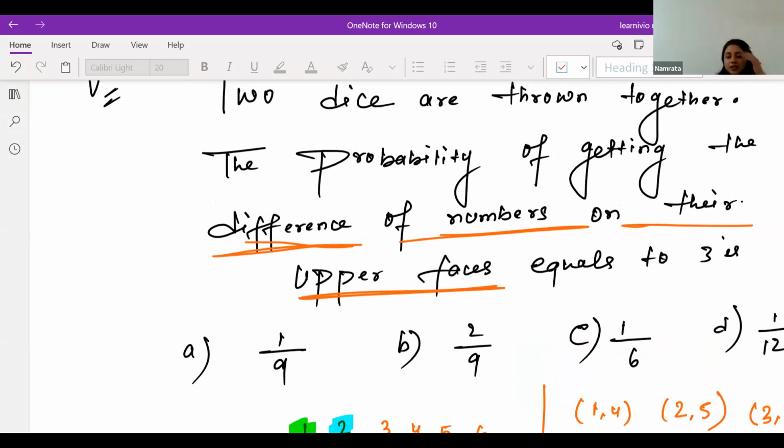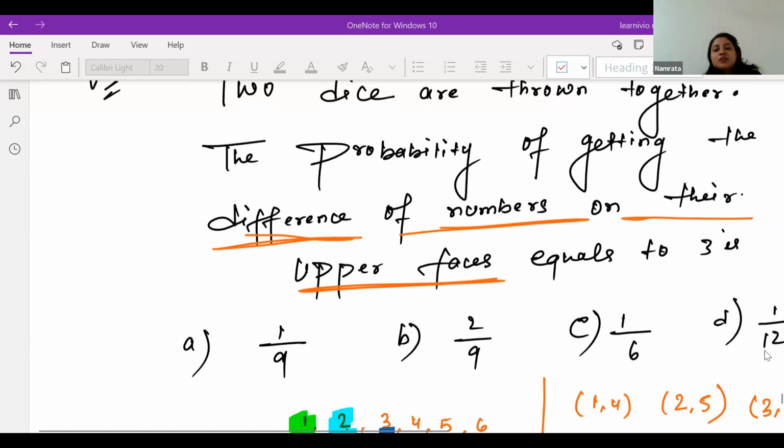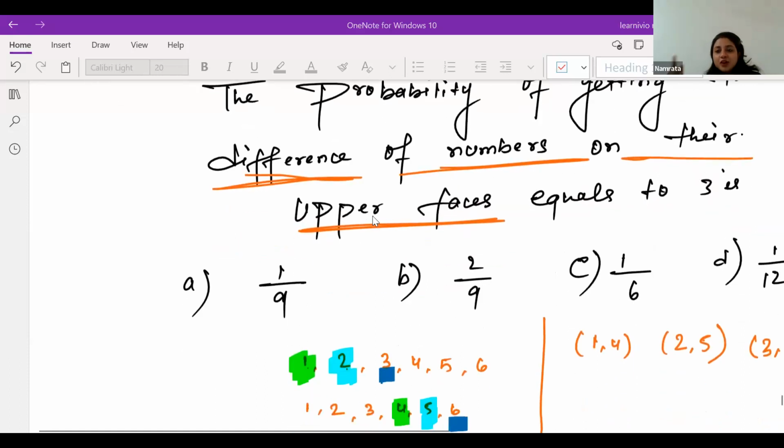Everyone is agreeing with her. If we are throwing two dice, what will be the total number of outcomes, the total sample space? Everyone, just vote for it. Who is voting for 12 and who is voting for 6?